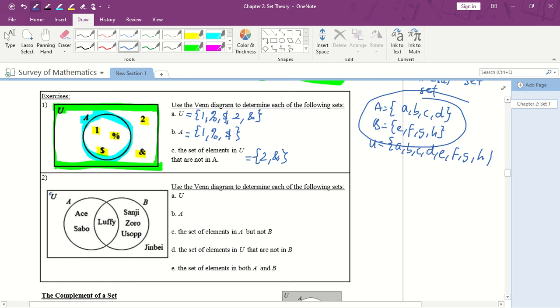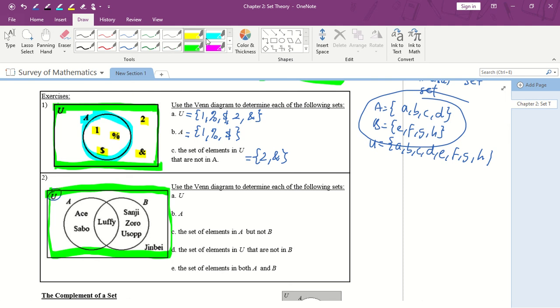Again, we have the U, the big box that contains everything. We call it the universal set. And we also have A, and we also have B, and we have all elements inside, which is 1, 2, 3, 4, 5, 6, 7.